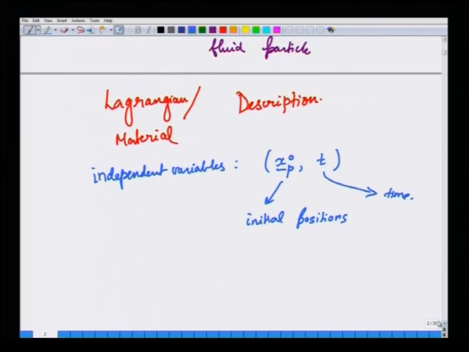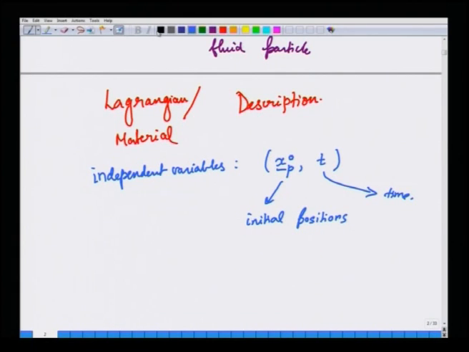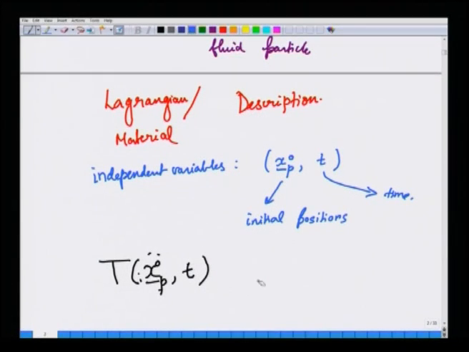So, for example, I need not just worry about purely kinematic quantities like velocity or position, but I can also say things like temperature as a function. In the Lagrangian description, the temperature in a fluid flow will be depicted as a function of the initial position of a fluid particle and time t. Physically, suppose a particle was here at time t equal to 0, and it is moving later on to time t to some other location.